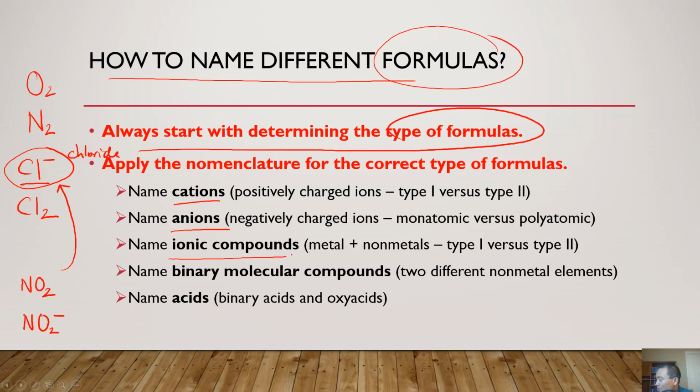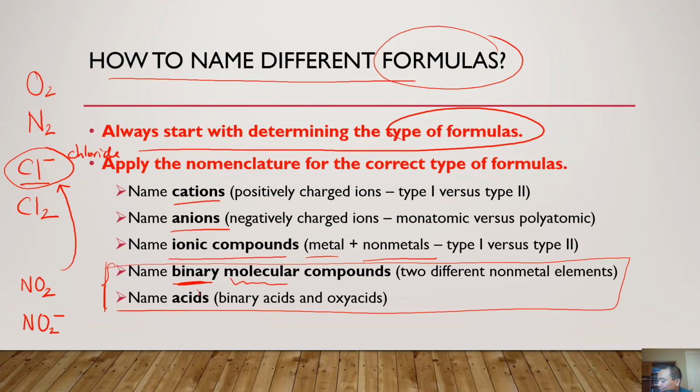Ionic compounds are usually composed of, as we learned already, metal and nonmetals. For molecular compounds, we have two different types. Actually, for these last two categories, both of them are molecular compounds. However, one is called binary molecular compounds, and the other is acids, and we have different types of acids as well.